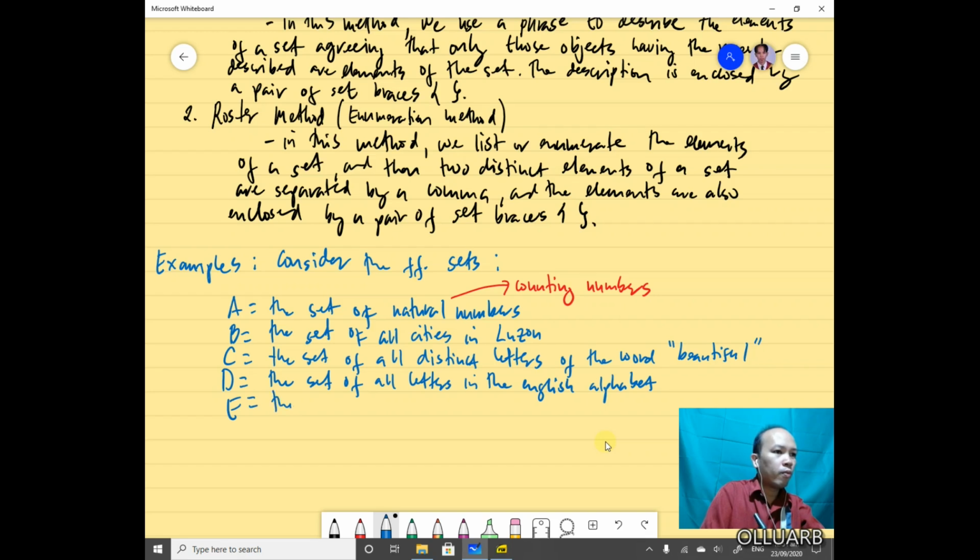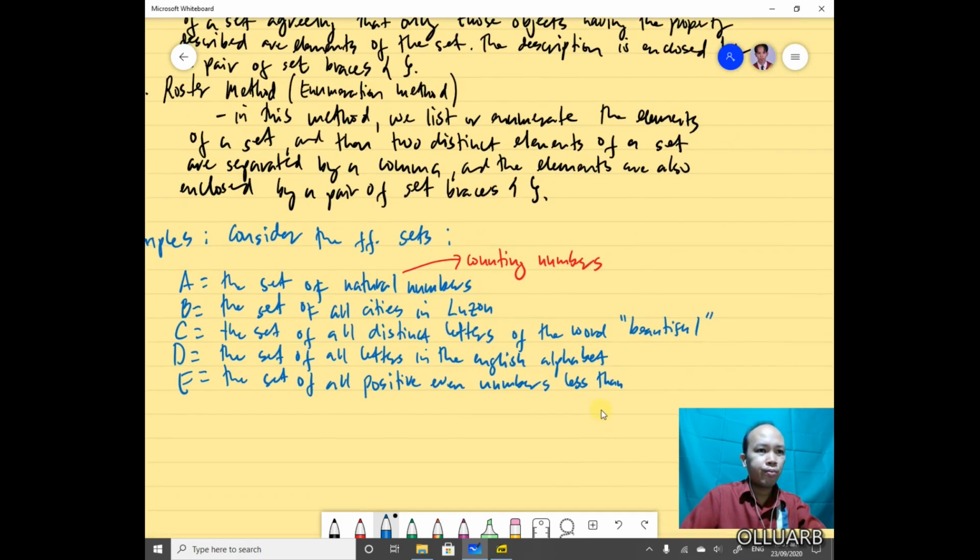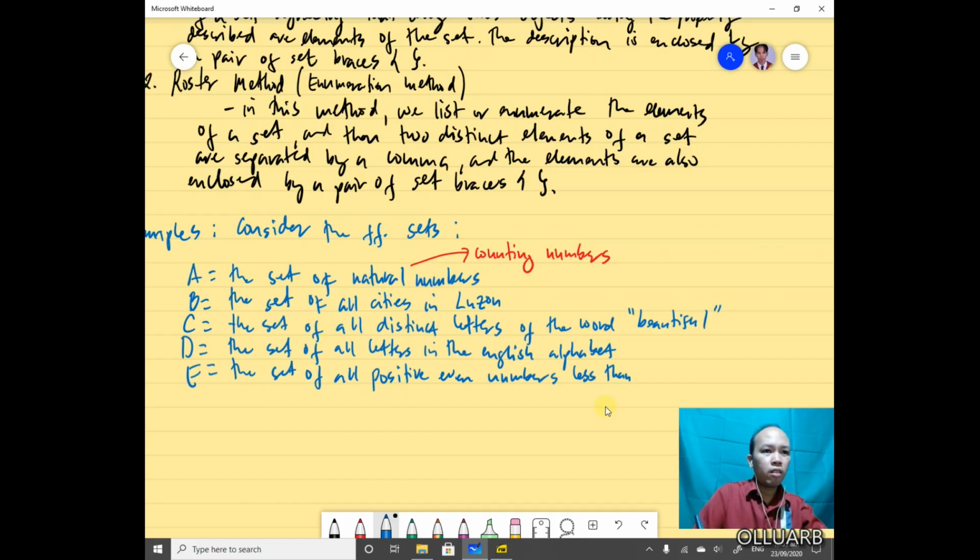Letter E, the set of all positive even numbers less than, let's say, 17.